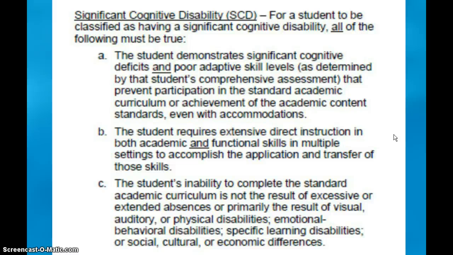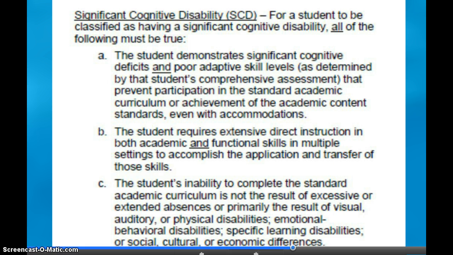And the third is their inability to complete the standard academic curriculum is not because of extended absences or visual, auditory, or physical disabilities or emotional disabilities or learning disabilities or social or cultural economic disadvantage. We will come back to this definition with great intimacy, I guarantee you.